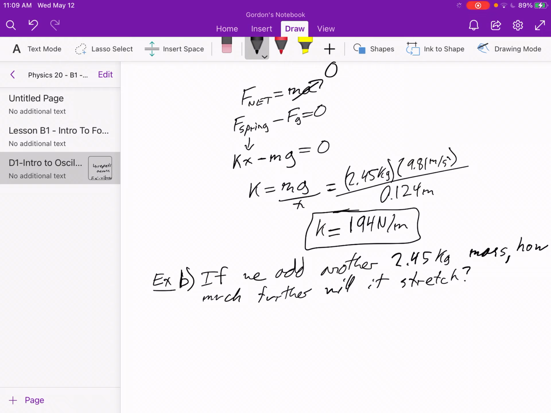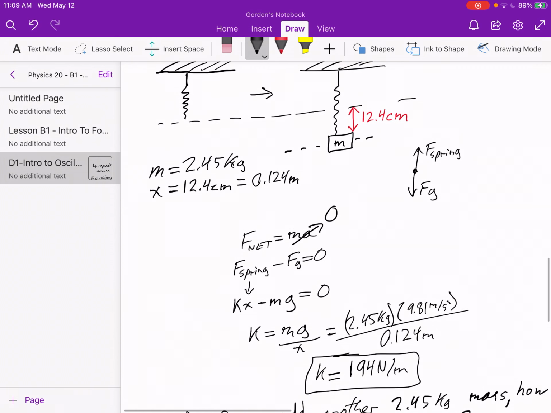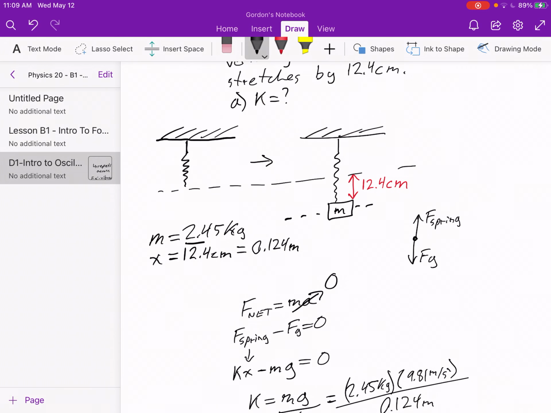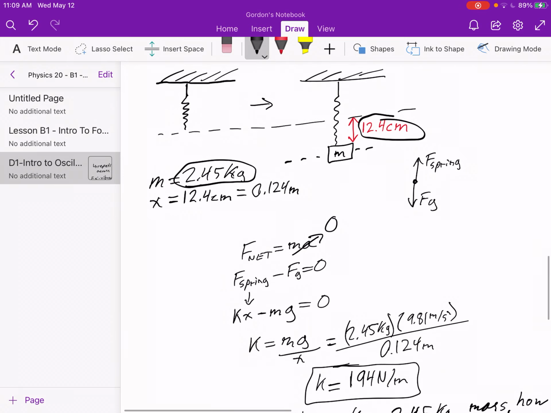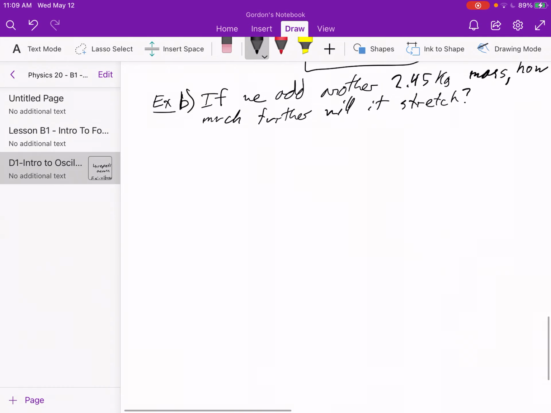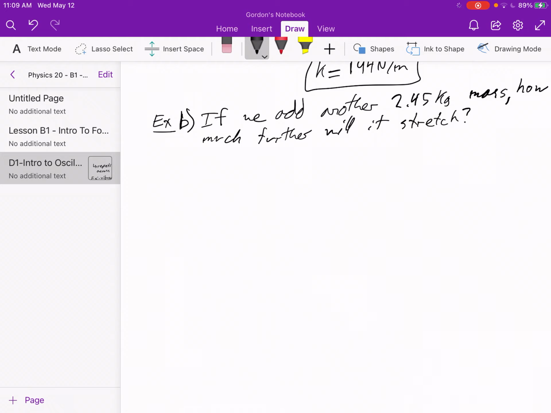And we can take advantage of the fact that we know that the force and the amount that it stretches are proportional to each other. So since a 2.45 kilogram mass here caused a stretch of 12.4 centimeters, that means for every additional 2.45 kilogram mass that we add, it's going to stretch another 12.4 centimeters.